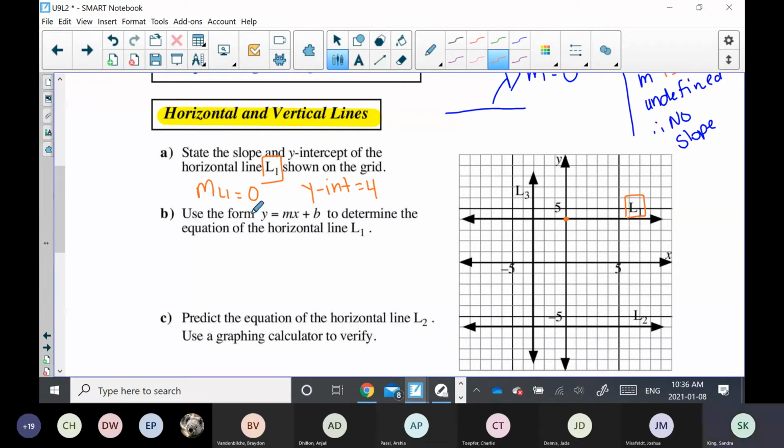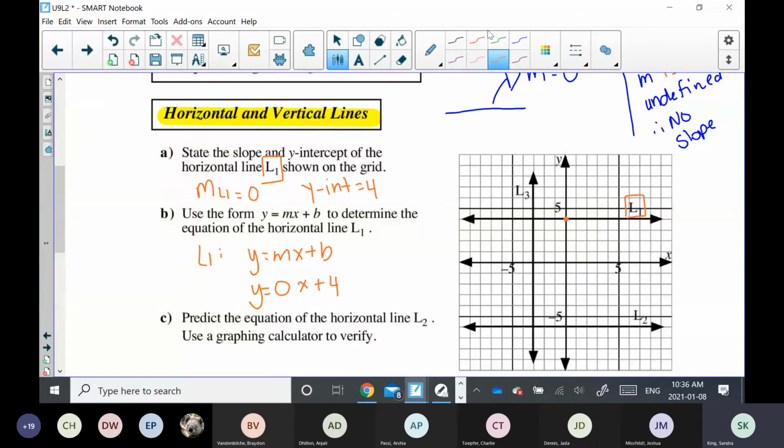B says use the form y is equal to mx plus b to determine the equation of horizontal line 1. The equation of the line in slope y-intercept form, which was introduced in the last lesson, is y is equal to mx plus b. We take the slope, m, and substitute in 0. So y is equal to 0x plus 4.